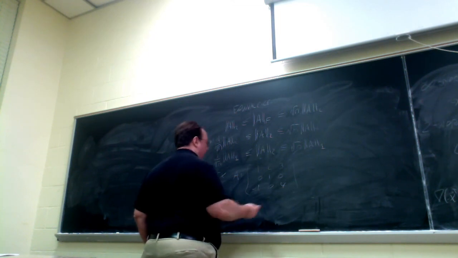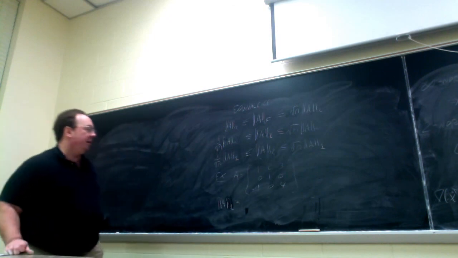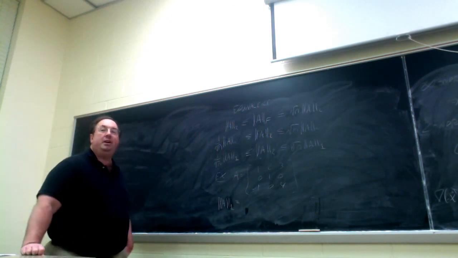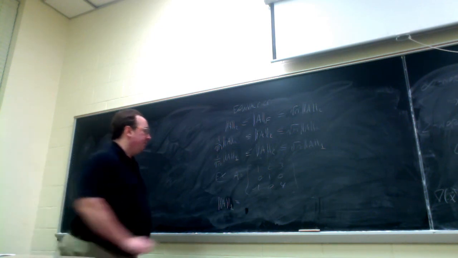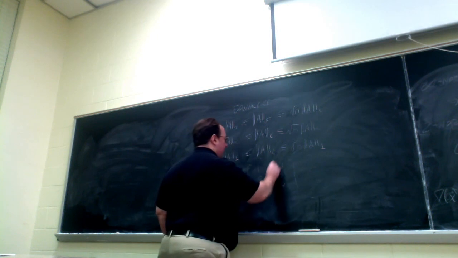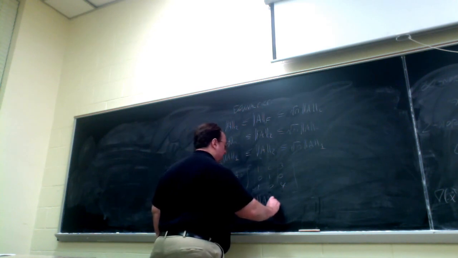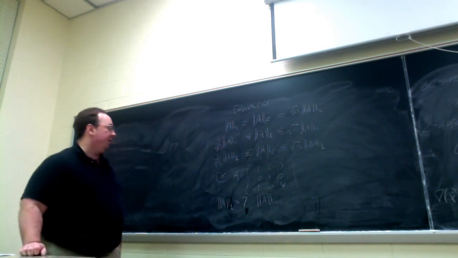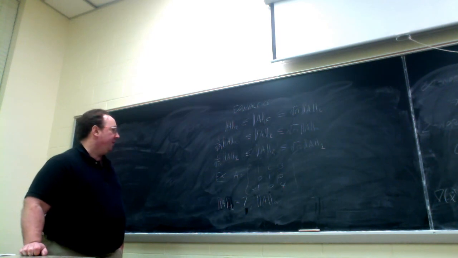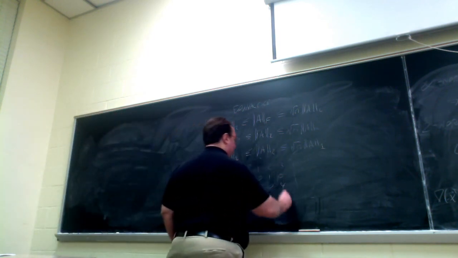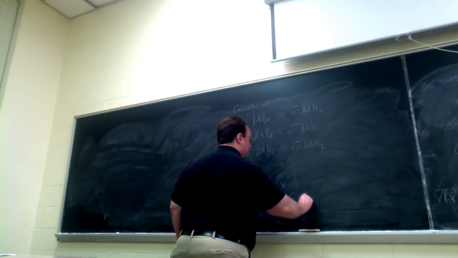What would the 1 norm of this matrix be? 7. Yeah, it's the maximum column sum. We go down the columns and get column sums of 2, 3, and 7. Okay. What about the infinity norm? 6. Yeah, because the first row has the largest row sum.